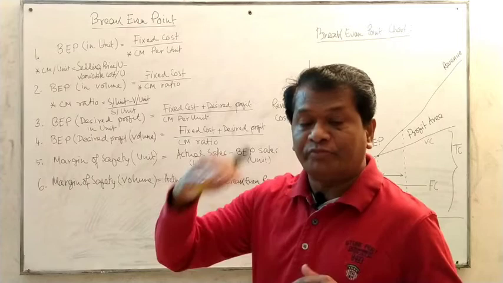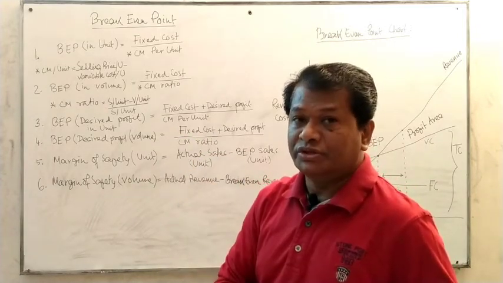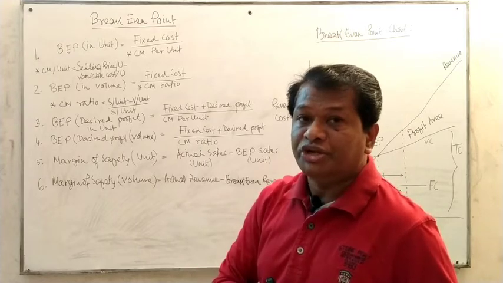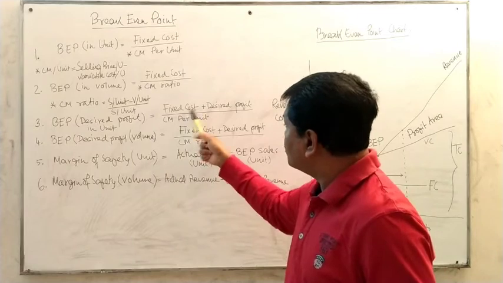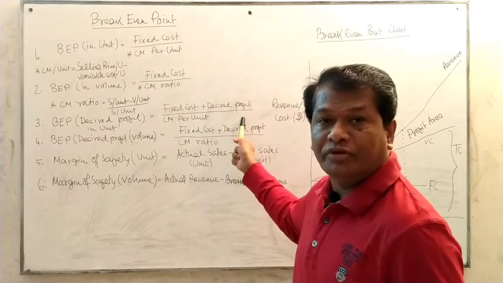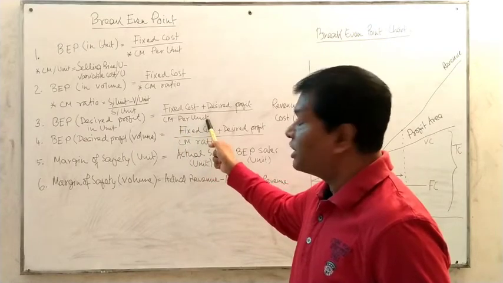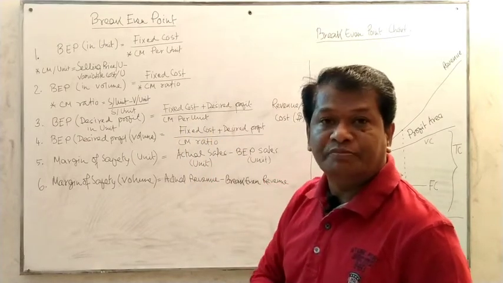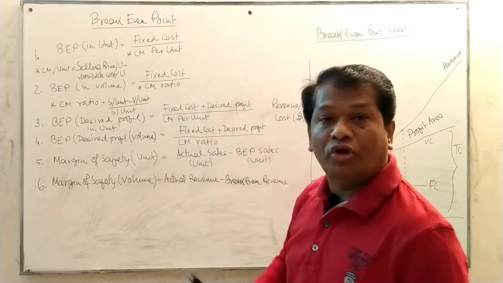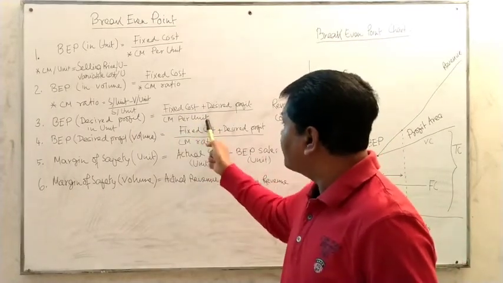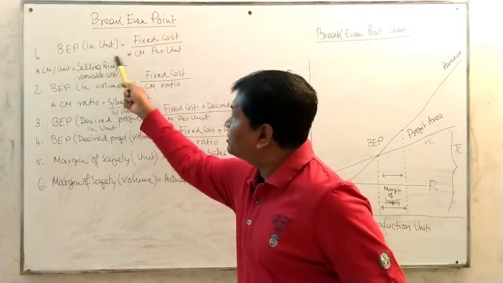So if the desired profit is set beforehand, what is the number of units that needs to be calculated? What is the formula? You see over here: fixed cost plus desired profit, or expected profit, divided by contribution margin per unit. The fixed cost is given, the desired profit is given, and the CM per unit is calculated the same way as before.